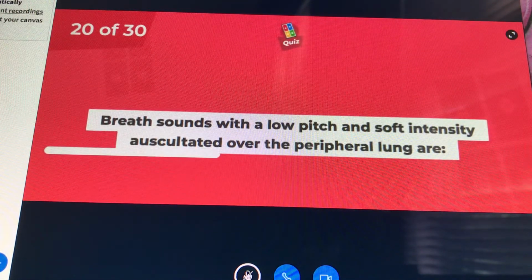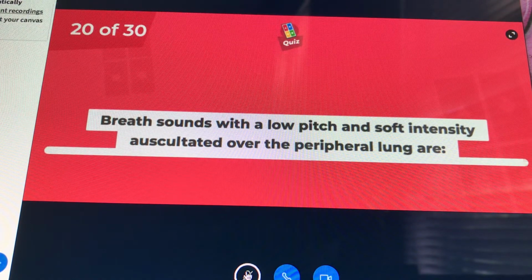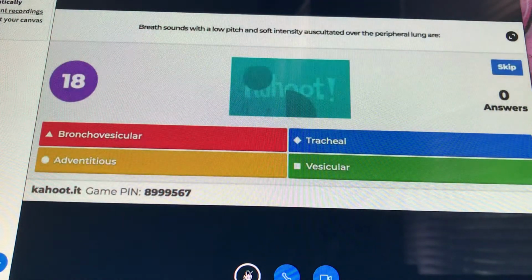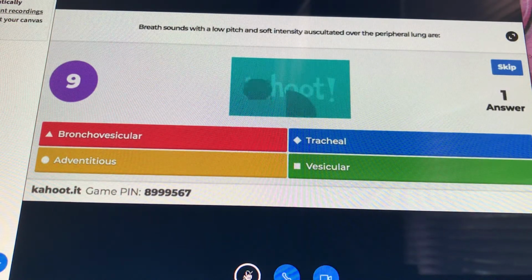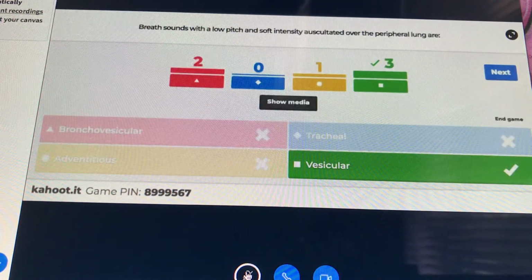Breath sounds with a low pitch and soft intensity auscultated over the peripheral lung are... Those are your vesicular breath sounds.